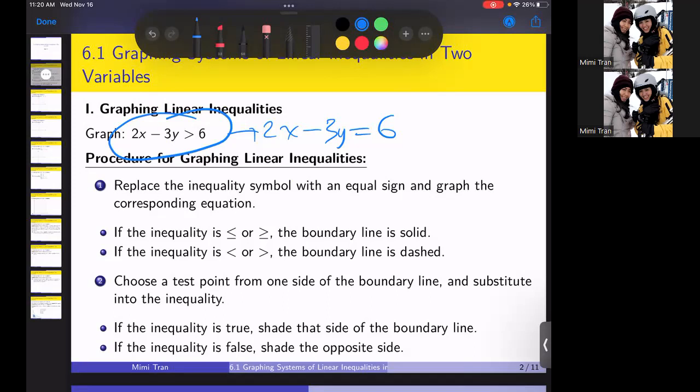As a matter of fact, in this case, the line is not a solution because I don't include the 6, right? That's why it's a dashed line. Every point on the dashed line is not a solution of this inequality. So whenever you have strictly greater than or strictly less than, you have a dashed line. If you have greater than or equal to, or less than or equal to, then you have a solid line, right?